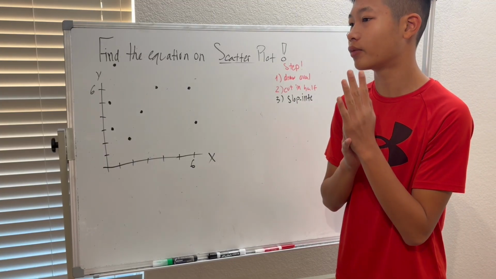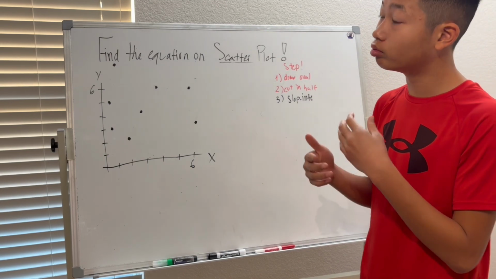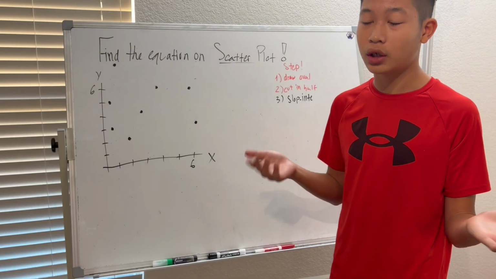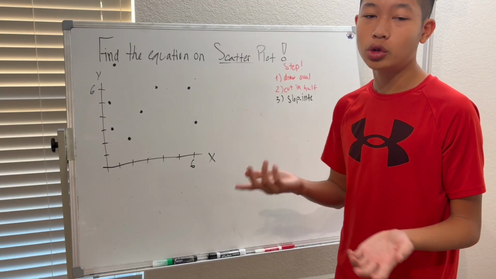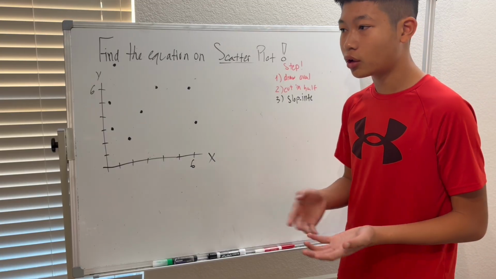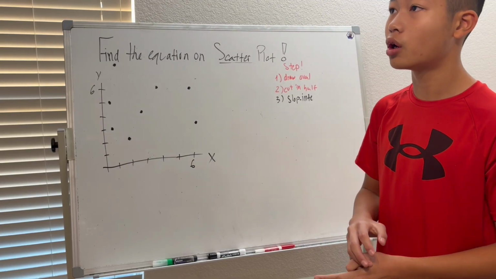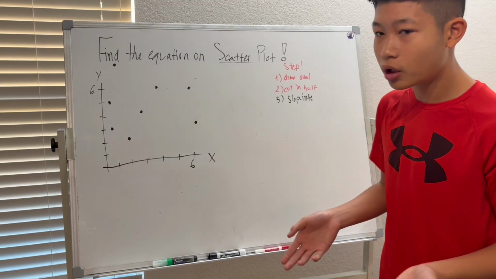So if I say Monday, you shoot a basketball 5 for 10. No, let's say you shoot 1 for 10. Tuesday, you shoot 0 for 10. Wednesday, you shoot 3 for 10. Thursday, you shoot 3 for 10 as well.